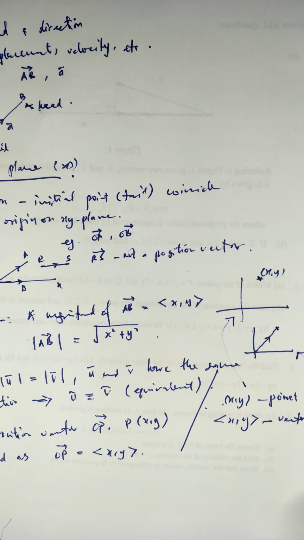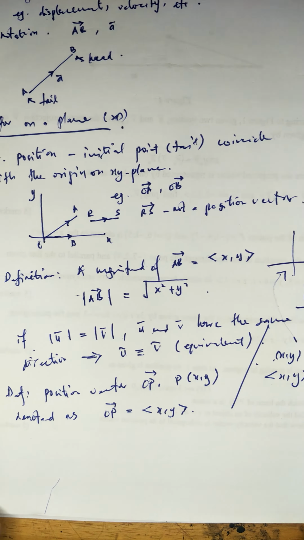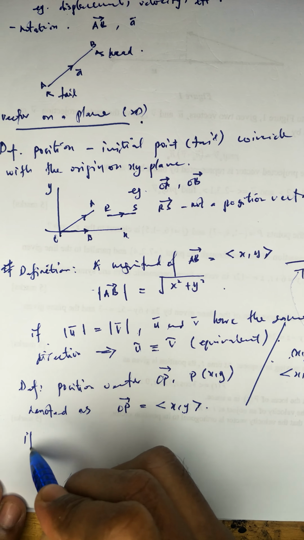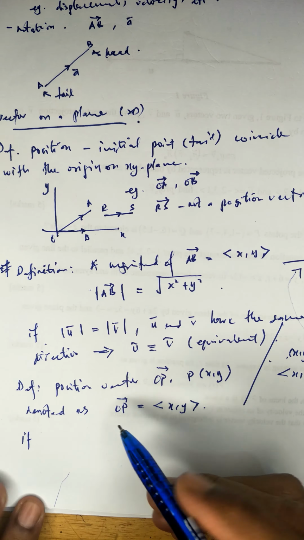And if we have a point P, let's say (x1, y1), and Q, (x2, y2), then vector PQ is given as the vector with components x2 minus x1, y2 minus y1.